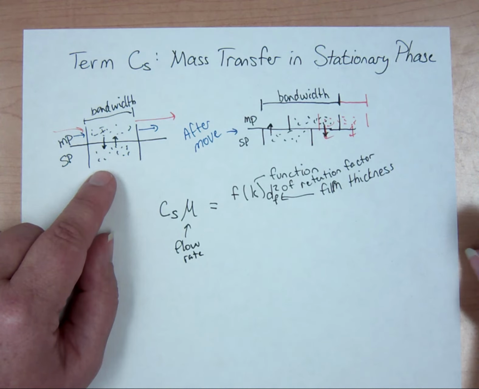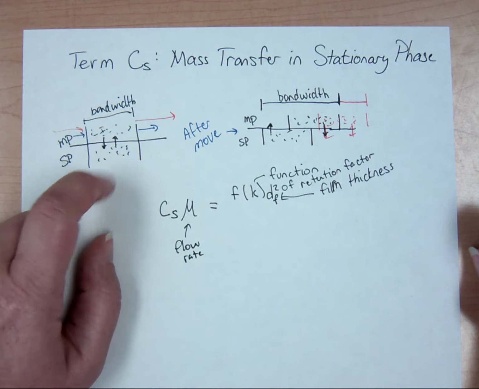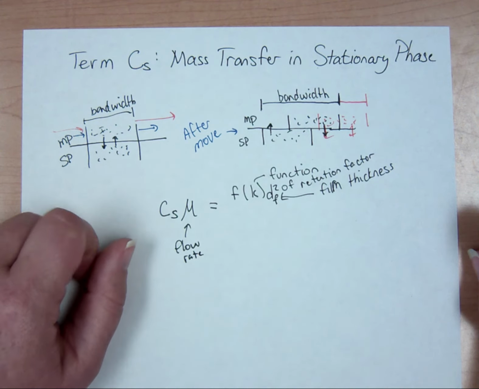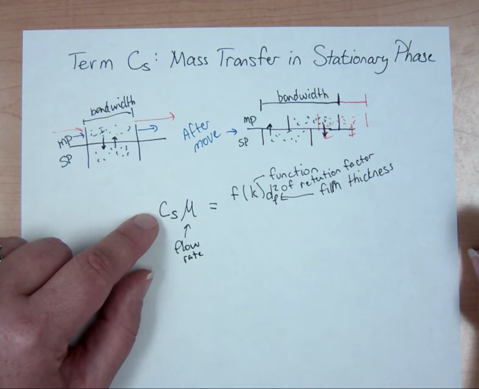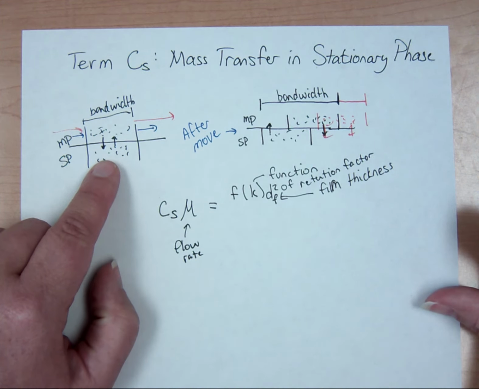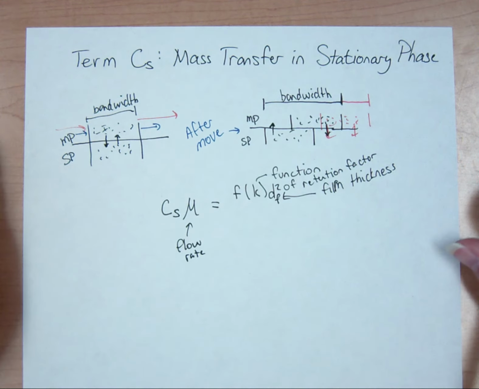There's so much stationary phase that they cannot find their way back to the surface in order to move out of the stationary phase and into the mobile phase. So a very thick film for the stationary phase is going to lead to this C_S term being much higher, because they're going to spend longer in the stationary phase, and they're going to miss out on the movement that comes from the mobile phase and spread our bandwidth out.